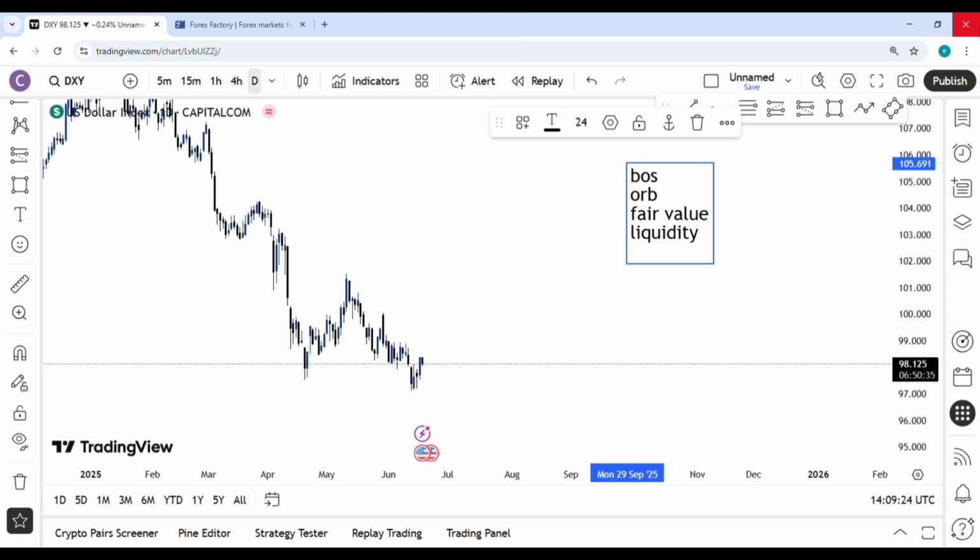And after that, we need our entry model. So these are the 5 things that we will be looking at from our DXY before we implement that on our GBPUSD. As I said earlier, this is my strategy. These are the 5 things that I look at from the market.